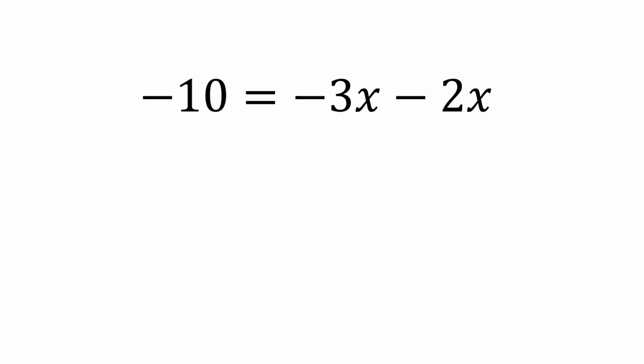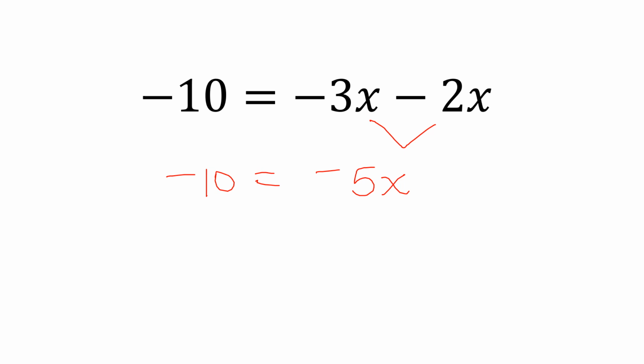So for our first example, we have negative 10 equals negative 3x minus 2x. Now, this is only a multi-step equation because you have these two like terms right here that need to be combined first. So I will simply rewrite this as negative 10 equals negative 3x minus 2x, which is just negative 5x.